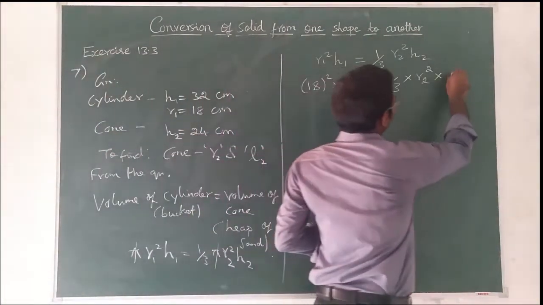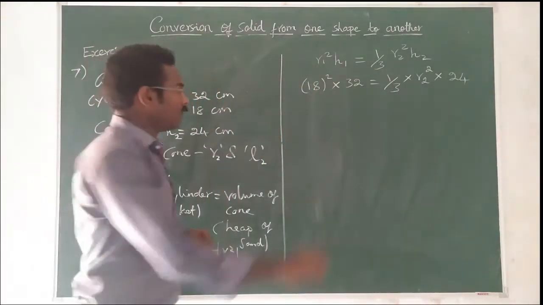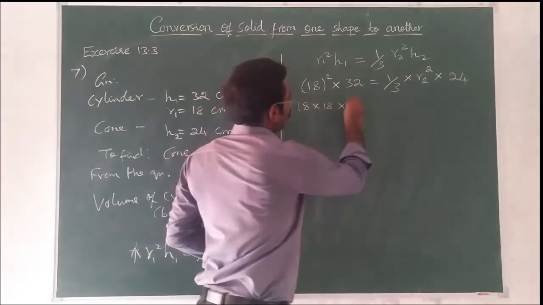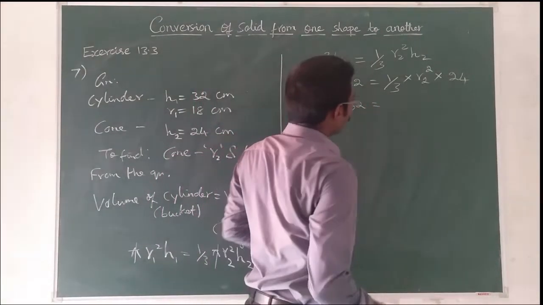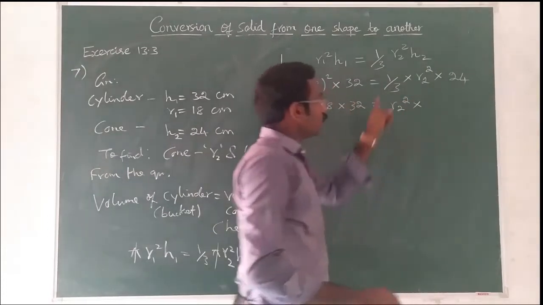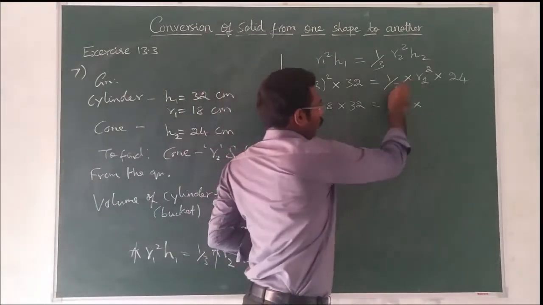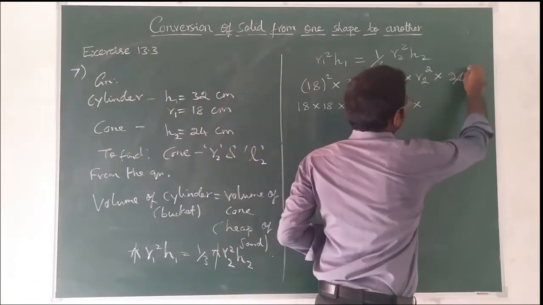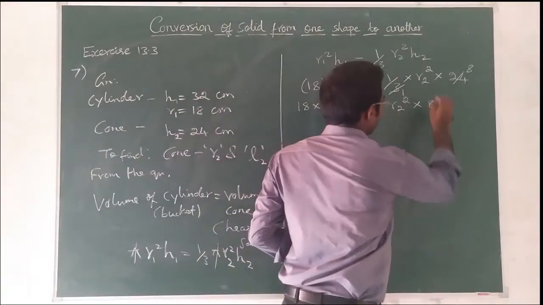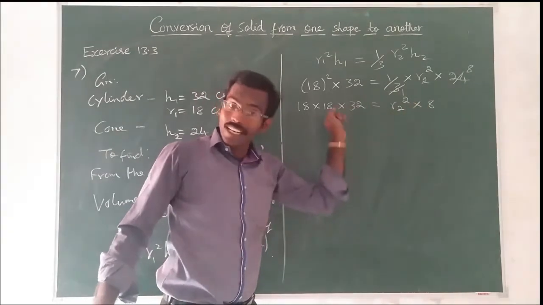Okay, so 18 square is 18 into 18 into 32 is equal to r2 square into 24 divided by 3. We can cancel it. 3 ones are 3, 8 threes are 24. Yes or no? So 24 by 3 is 8. We want this r2, so keep r2 there and bring the 8 here.